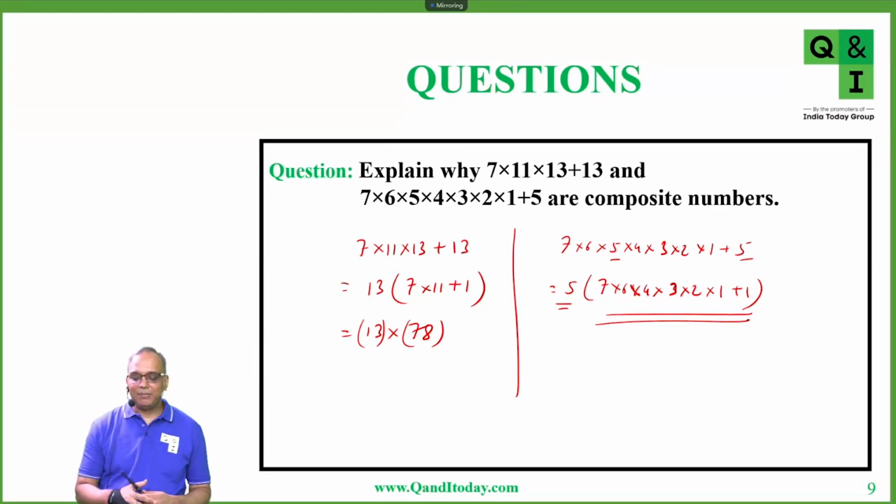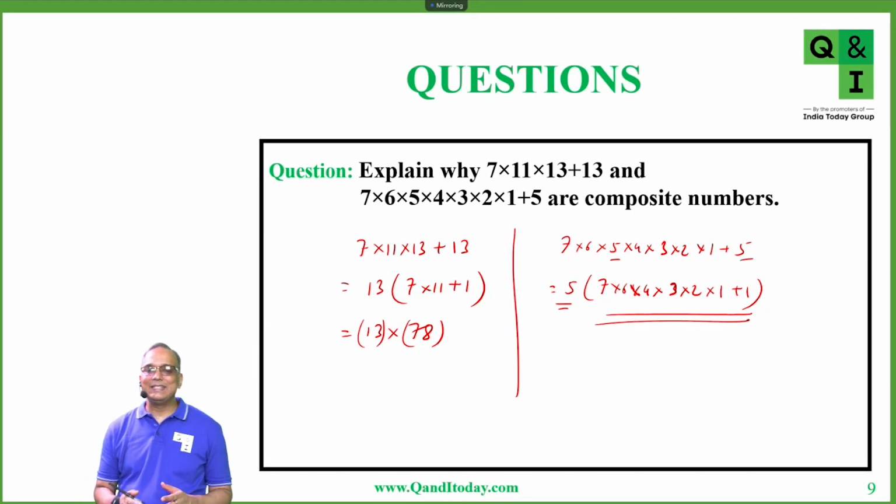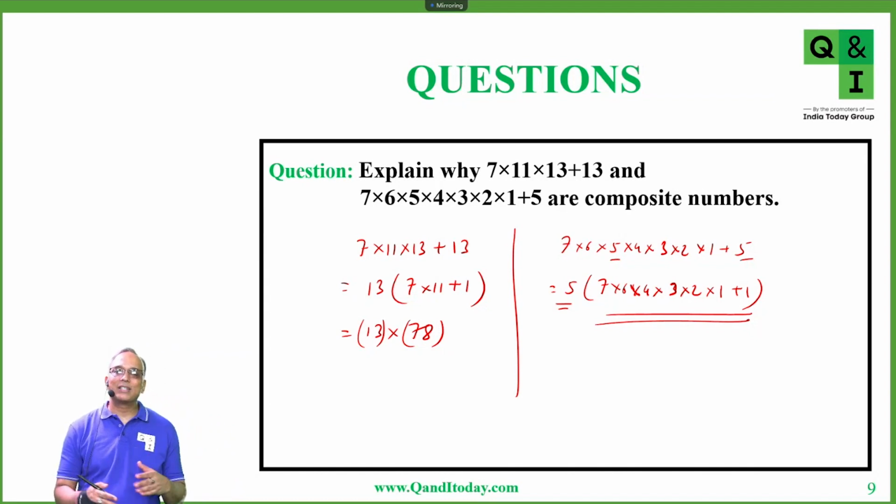So in the statement, you will write that since these numbers have more than 2 factors, 1 and the number itself, that's why they are not prime, they are composite. I'll write it here.